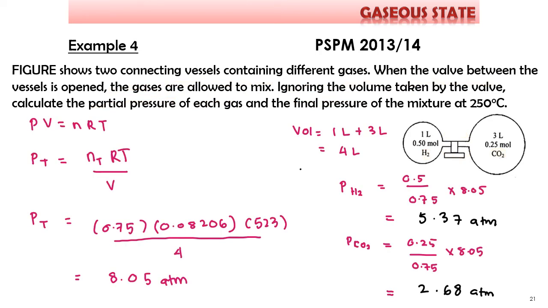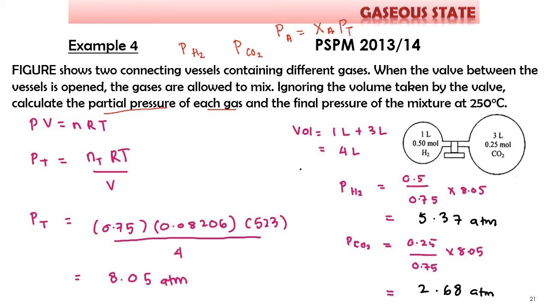For this example, if you want to find the partial pressure of hydrogen gas and the partial pressure of CO2, you can use mole fraction times P total.